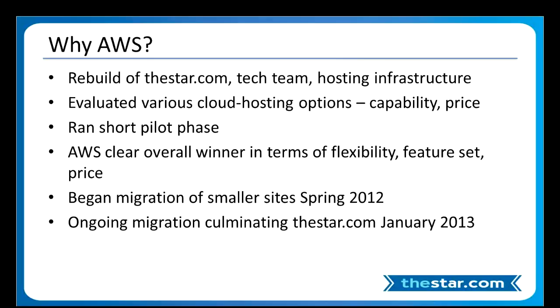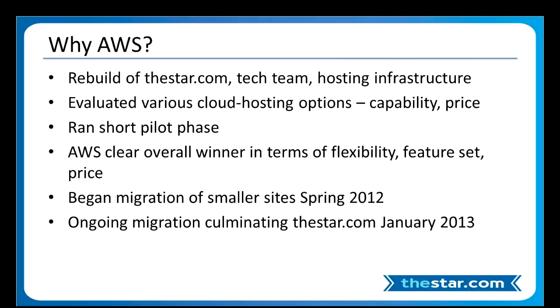So that process started in the spring of 2012. We began with a very small blog site that we had running on WordPress, but we were able to test things like EC2 and load balancing and RDS and even CloudFront at that time, but really we were focused on static assets at that time.